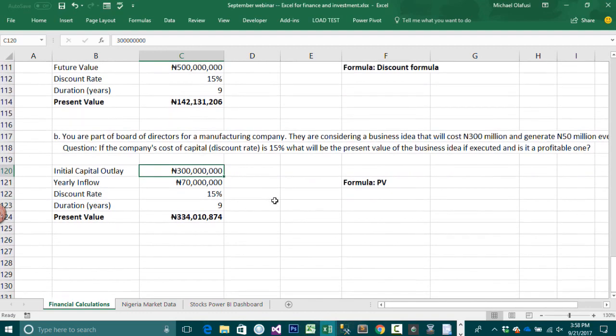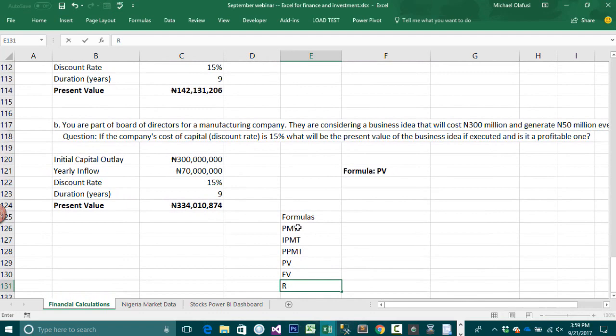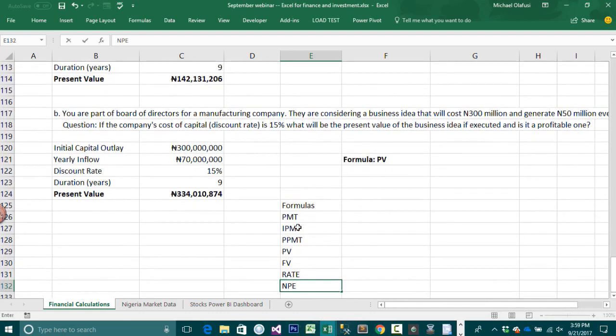Now you see how with these Excel formulas you can do most of your personal finance planning and some of your business planning. So what are the formulas again? The formulas that I've taken us through are PMT, IPMT, PPMT, PV, FV, RATE, and NPER.